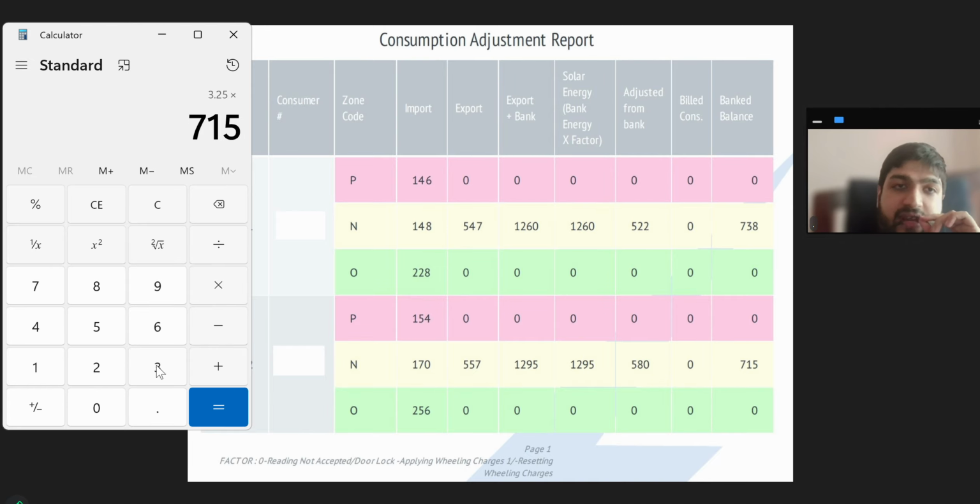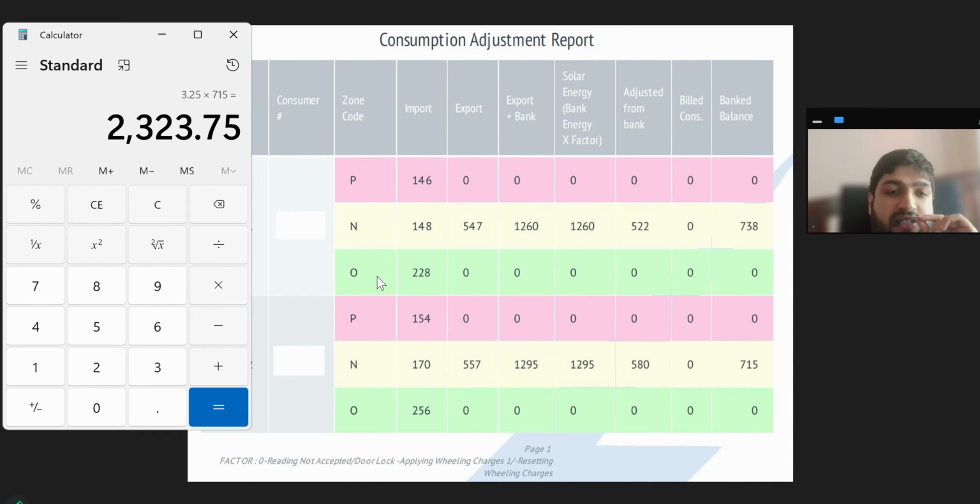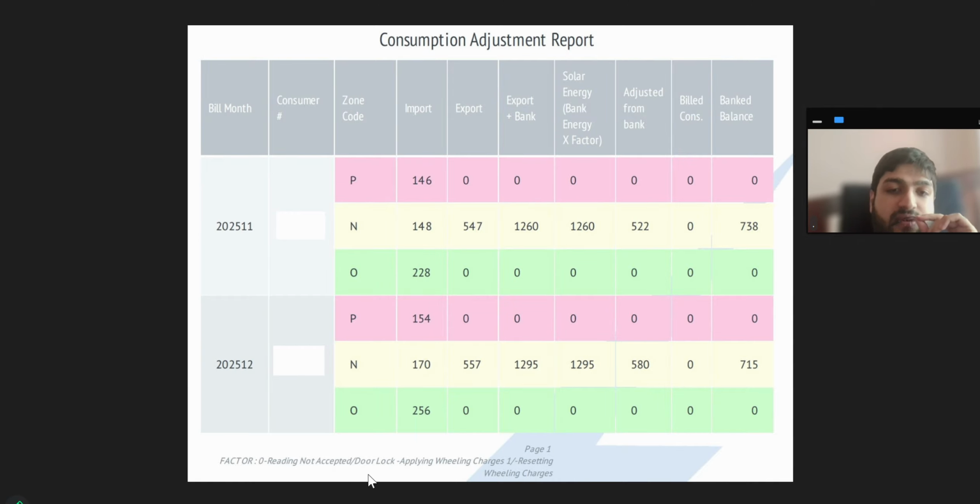Suppose I had finished the financial year with 715 units, I would have got 2,323.75 rupees from the KSEB, that is the electricity utility, based on the feed-in tariff of 3.25 and the units exported, 715. So 715 into 3.25 is 2323.75.